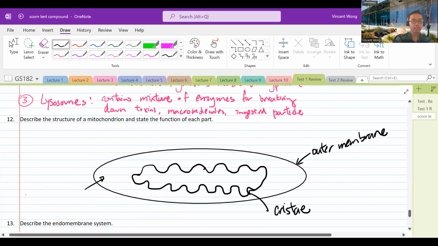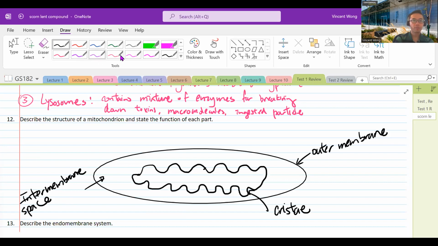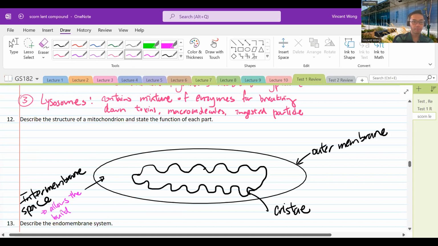And the space here is the intermembrane space. And the function of the intermembrane space, as you should know by now, is that it allows the buildup of H+.